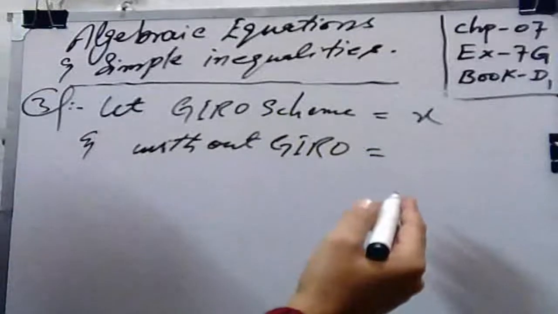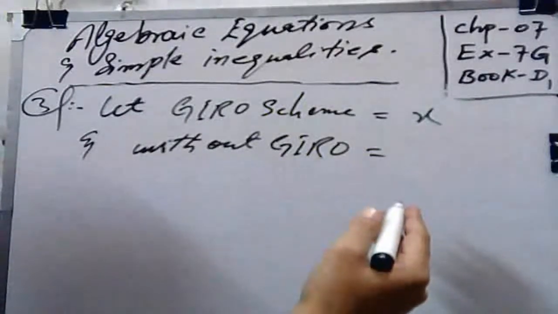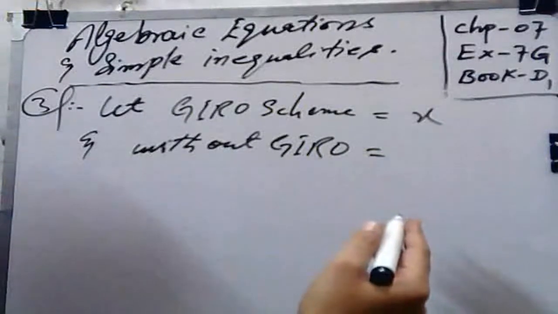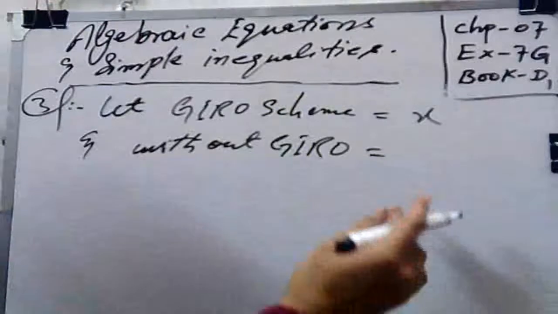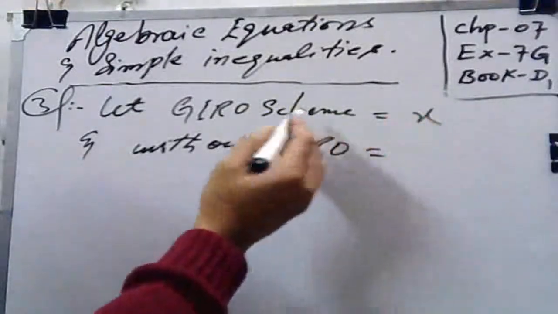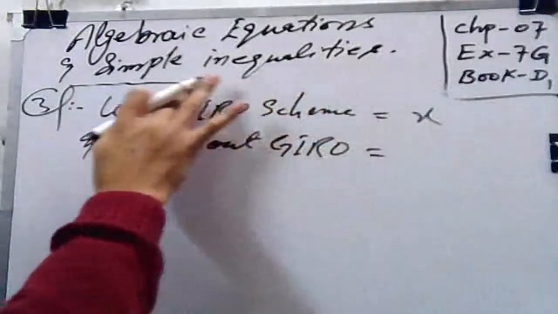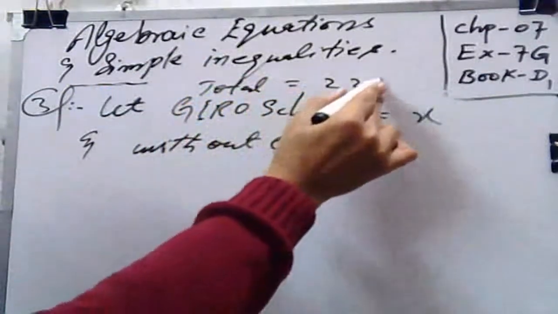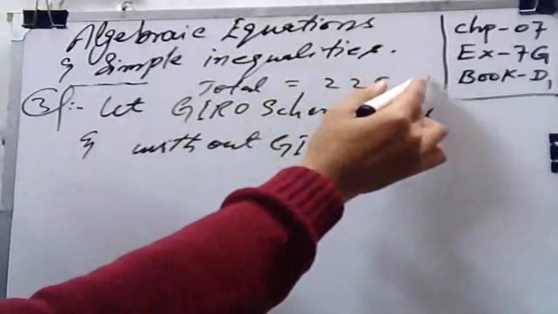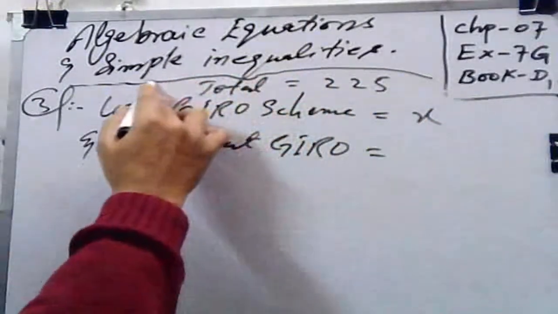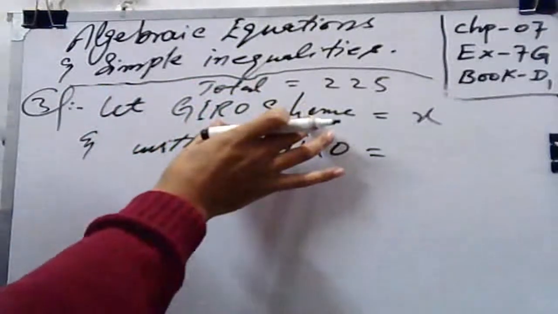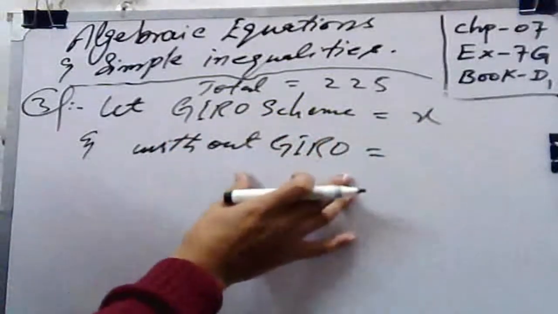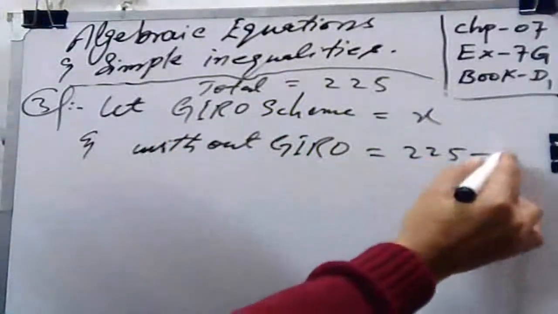225 people in Secondary 1, and the number of people who pay their fees through the scheme is 14 times the number of people. So the total number of students is 225. The students who use the scheme are x, and without the scheme means 225 minus x.